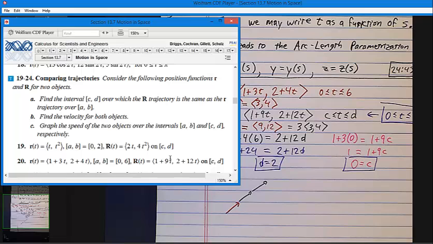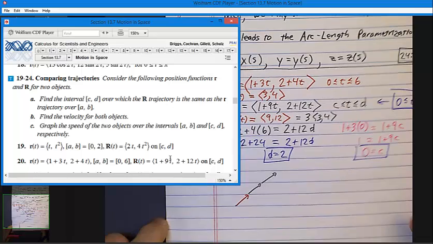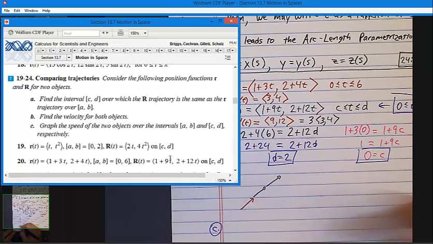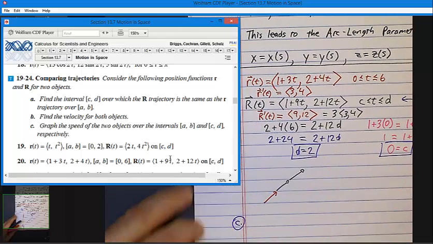Part C, graph the speed of the two objects over these intervals respectively. Okay, well this one's kind of boring, right? I mean, compared to maybe some of the other exercises I could have assigned. So part C, how do you compute the speed?